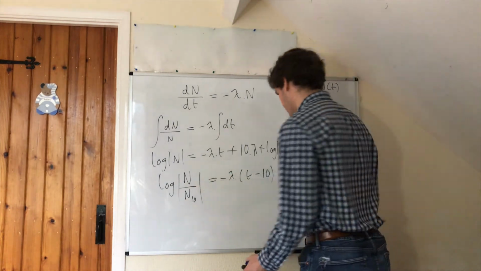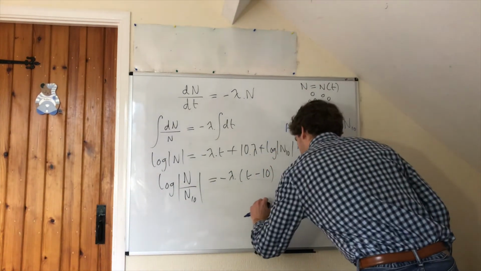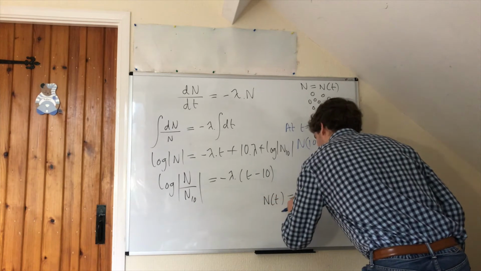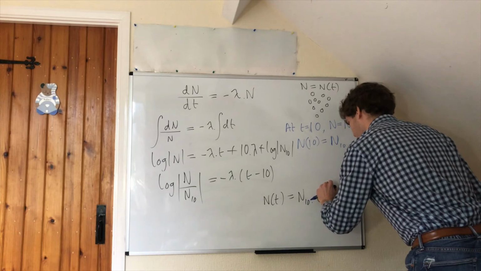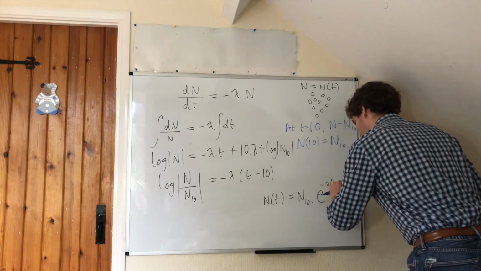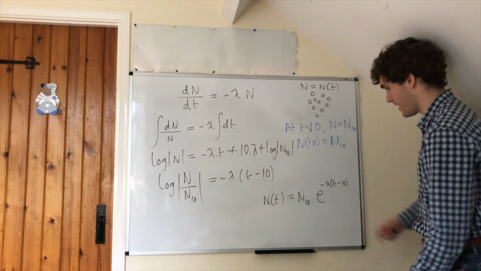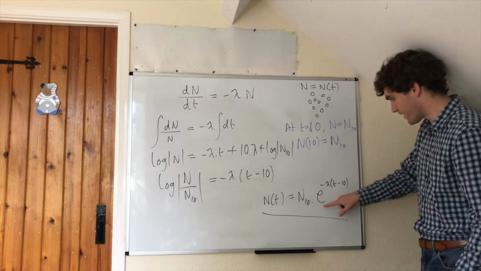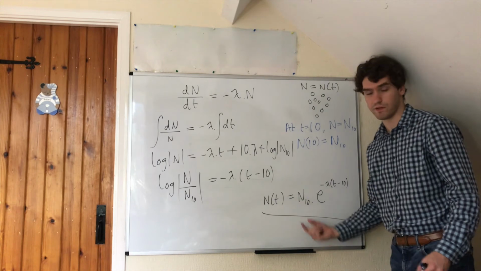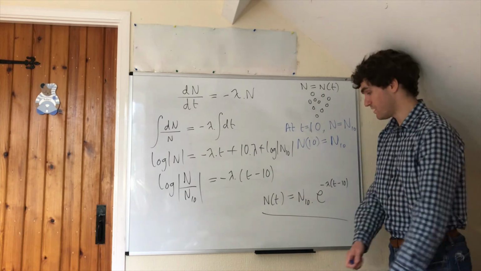And when you take the exponent of this, you get n of t is equal to n10 multiplied by e to the minus lambda times t minus 10. And indeed, when you put t equal to 10 in here, then this becomes 0, you get e to the 0, and indeed n of 10 will be equal to n10.